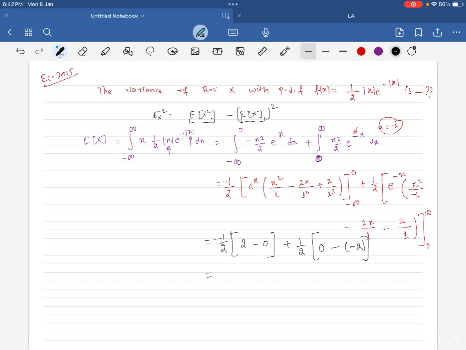So here we will get minus 2 and plus, so this will get cancelled, we will get minus 1, and here we will have plus 1, that is going to be 0, right? So the expected value of x is equal to 0. Now we have to find the expected value of x square. Okay, let's do that.